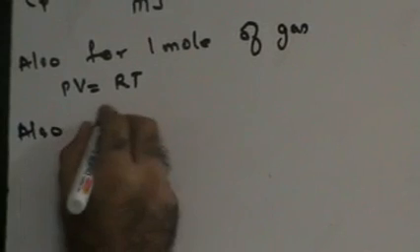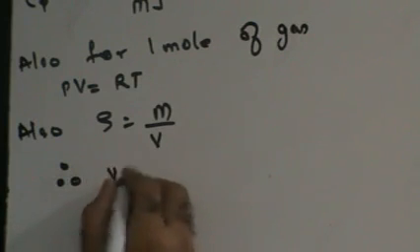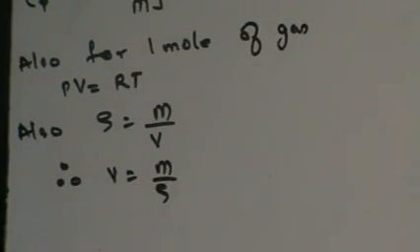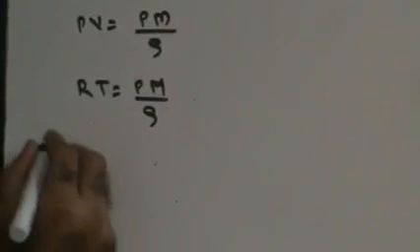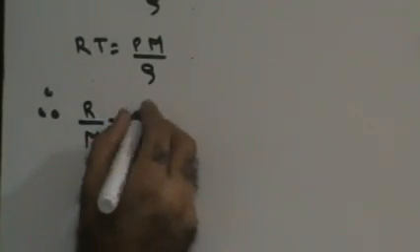Also density is mass upon volume. Therefore, volume is mass upon density. Multiply both sides by P. So PV is equal to PM upon density. But PV is equal to RT. Therefore, RT is PM upon density. Therefore, R upon M is P upon rho into T.